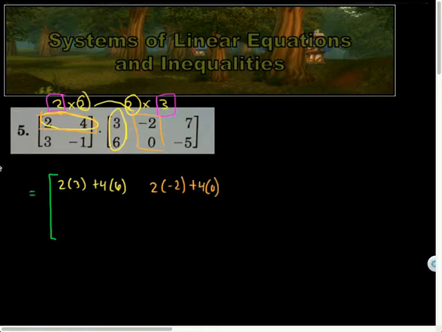Next, the first row, third column, so I multiply the first row by the third column. That'll be 2 times 7 plus 4 times negative 5. And I can close my brackets here.